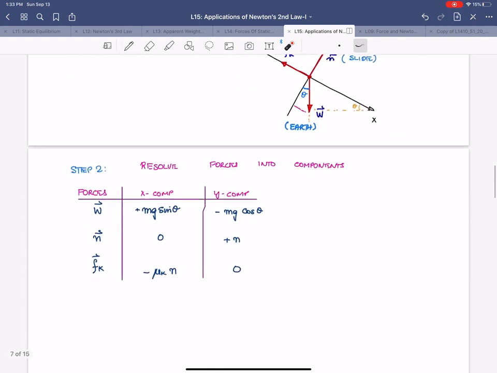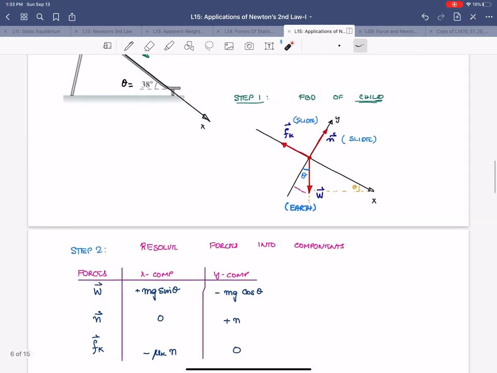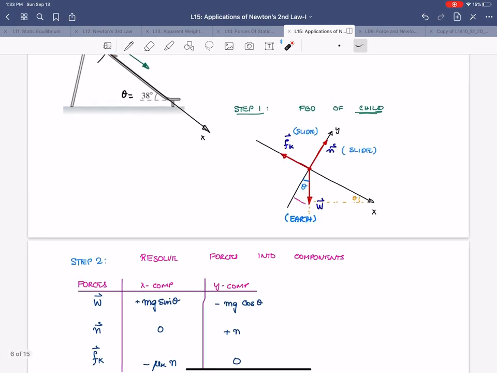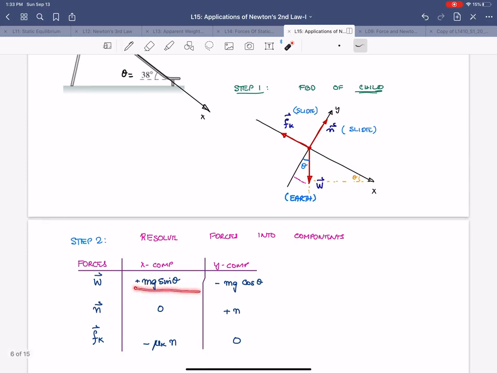So we've resolved it. Now you'll see the advantage. The question to ask here is, what's the advantage of choosing our axes in this particular manner? Notice in this case, we've got three forces. By drawing our axes in this rotated manner, it's only the force of gravity, or the weight, which has both an x and a y component.